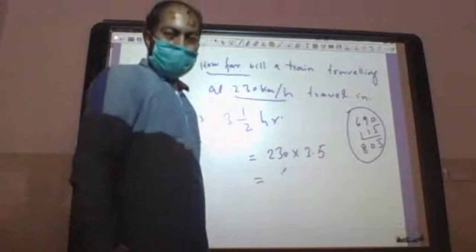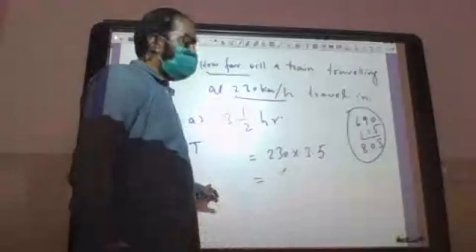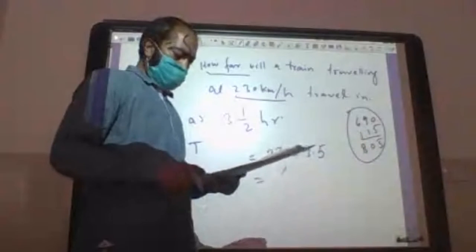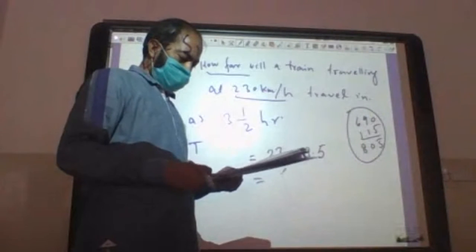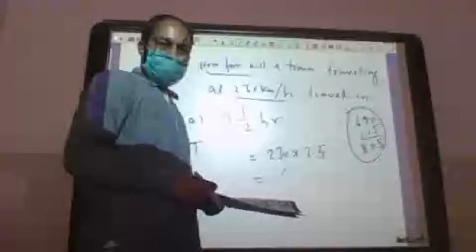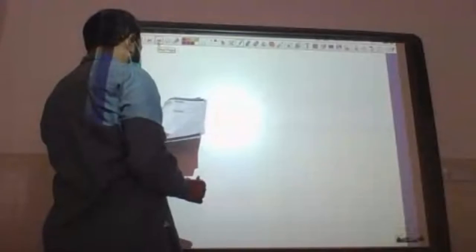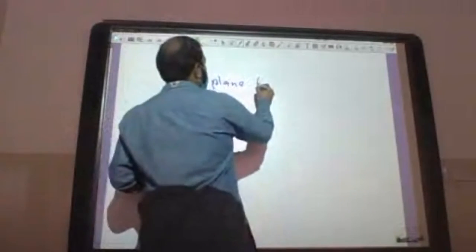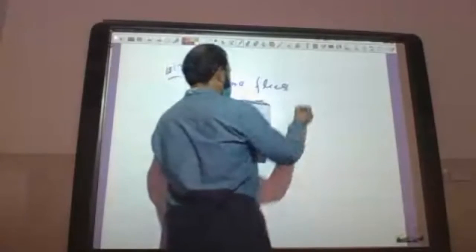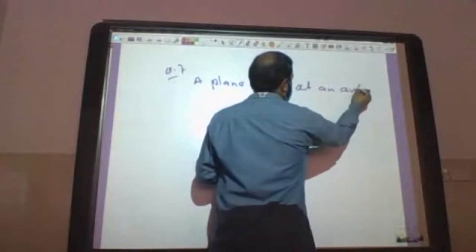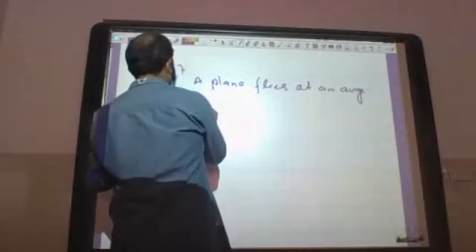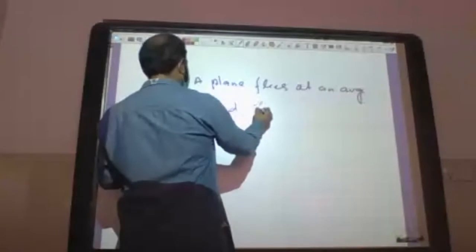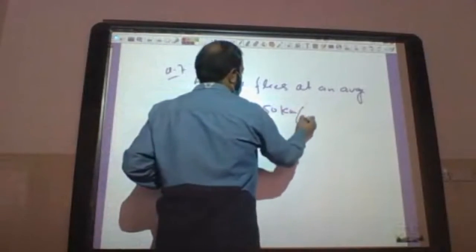Isa is still remaining. Isa, where are you? I am going to ask one hard question. I want to see who will solve it first of all. A plane flies at an average speed of 750 kilometer per hour.